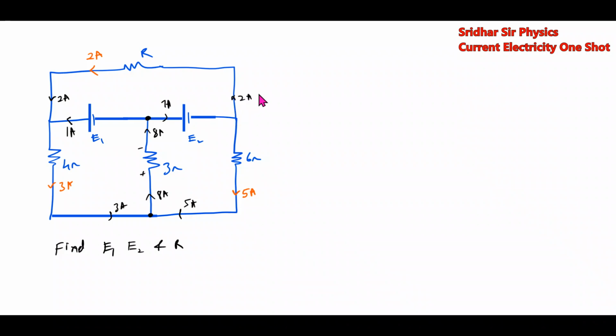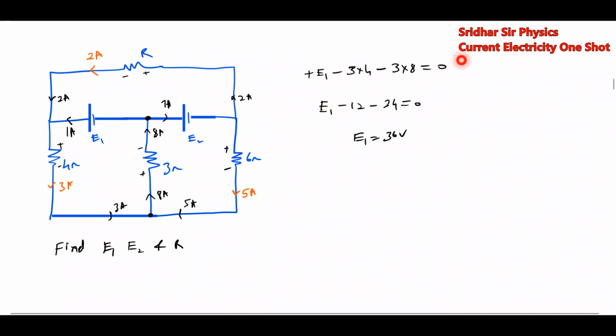Then here 2 ampere. Here we give the polarity, plus and minus. First we'll calculate E1. Applying KVL, plus E1 minus 3 into 4 minus 3 into 8 equals 0. So E1 minus 12, that's 6 volt.